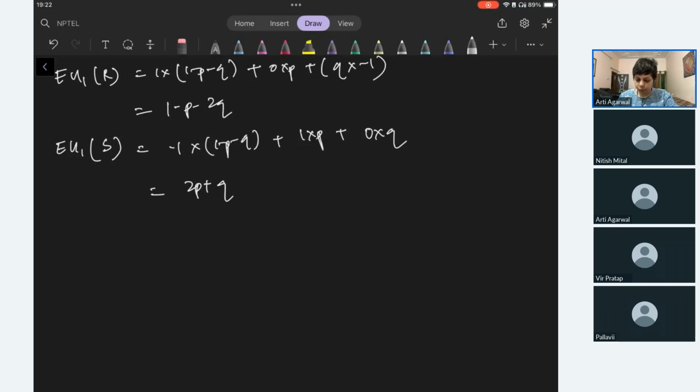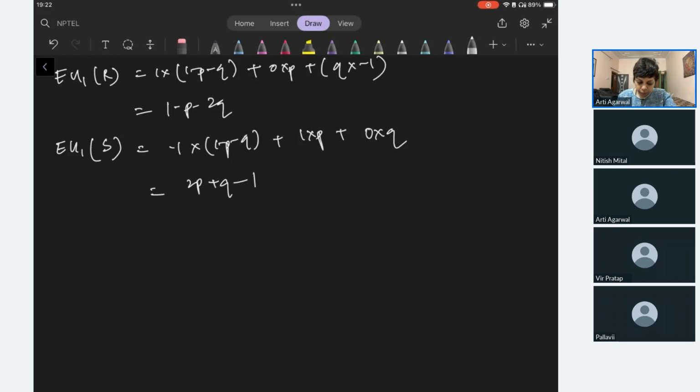Or am I not right? Minus 1 is plus P, so 2P plus Q minus 1. Yeah, I think I may have made some mistake somewhere in my previous calculation, but this looks correct to me.